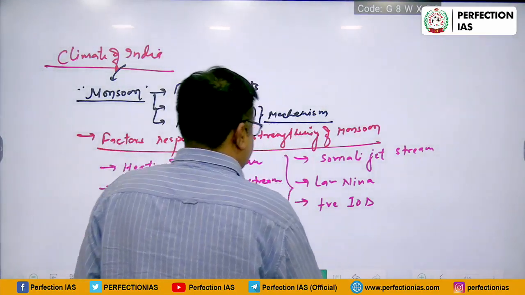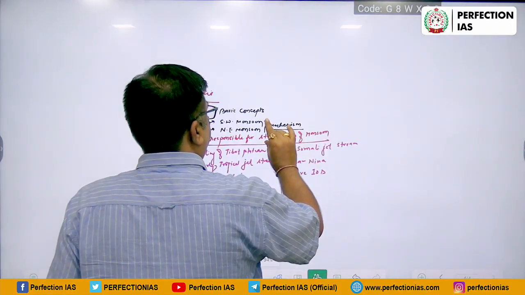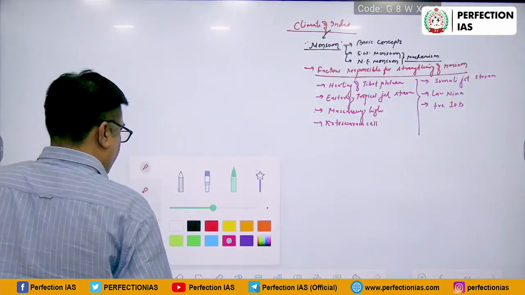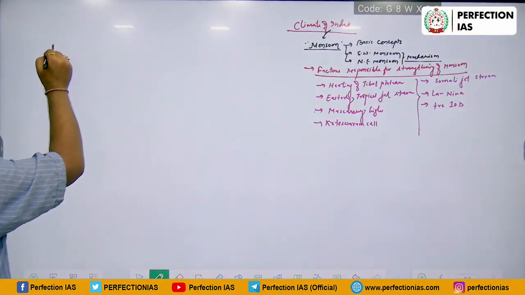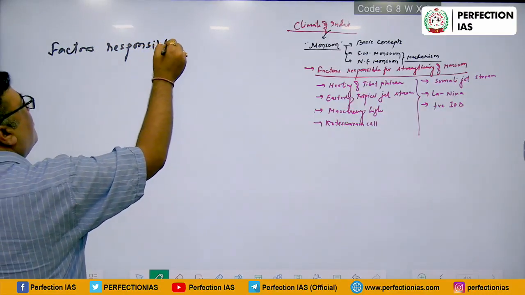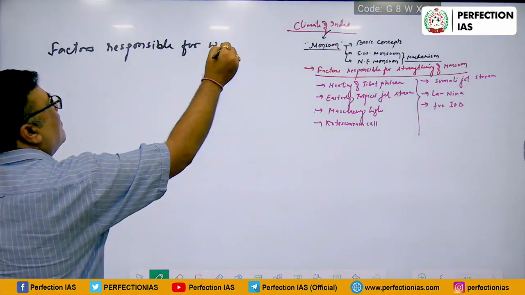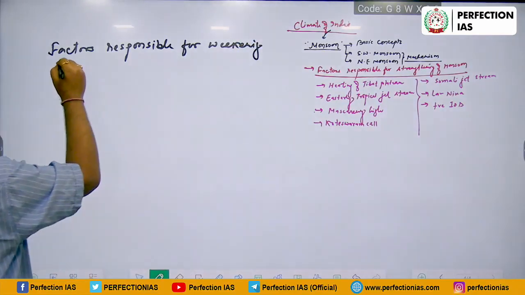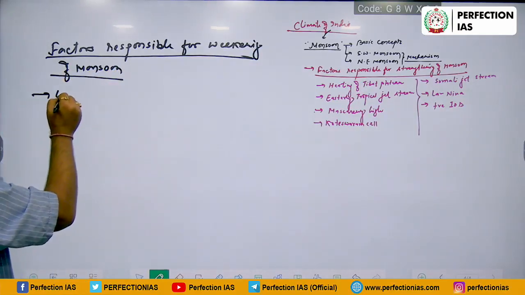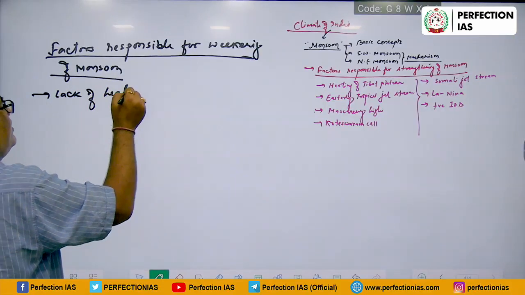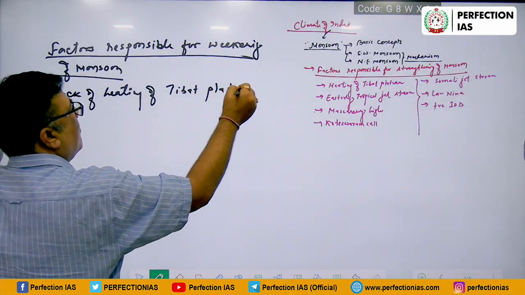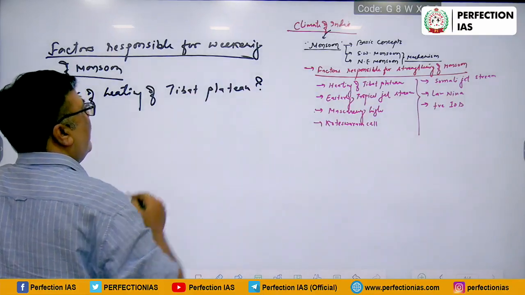And when we talk about factors responsible for weakening of monsoon, then we can include lack of heating of Tibet Plateau, and we need to understand why is it so.